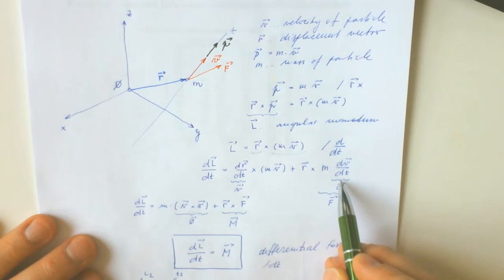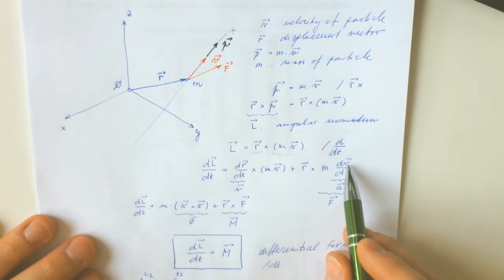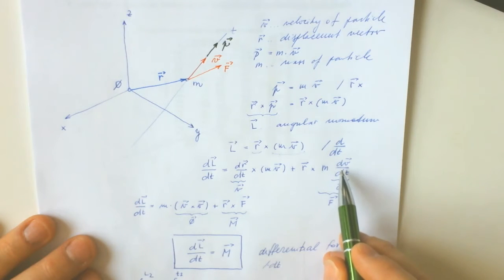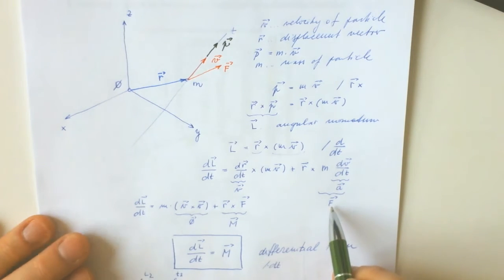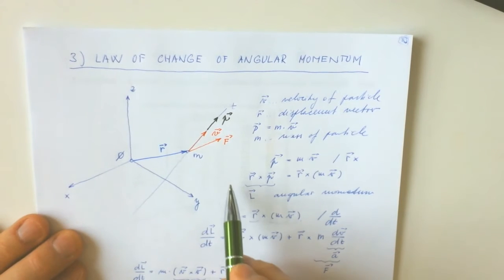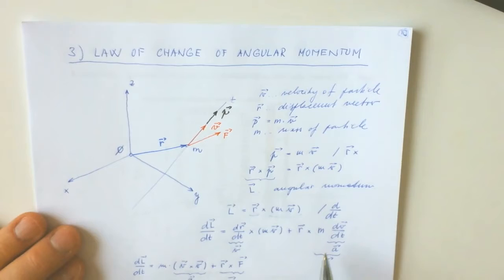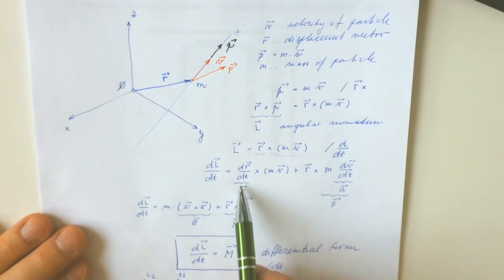We can notice that the derivative of velocity with respect to time is acceleration, and m by acceleration is force, the external force acting on this particle and changing the motion state. And here we can also notice that dr over dt is velocity.